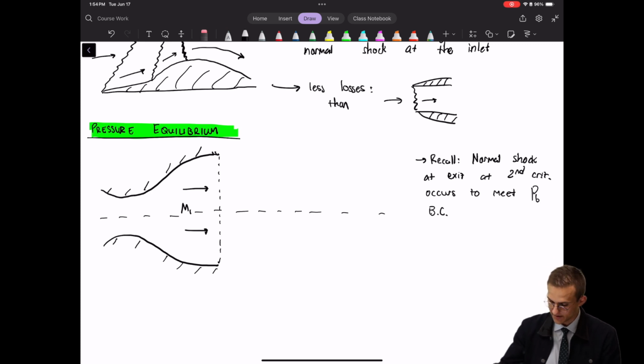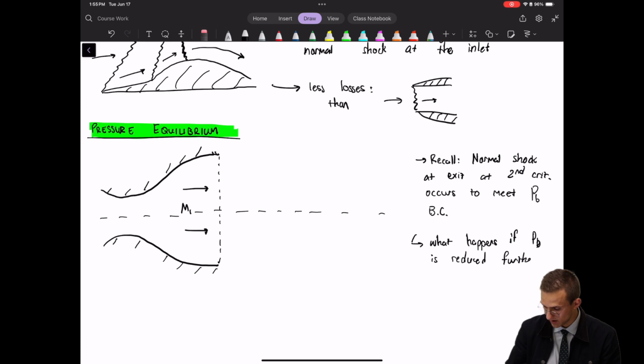So the question now is, what happens if P_B is reduced further beyond the second critical operating condition, right? And so right now you're in between the second and third critical points.